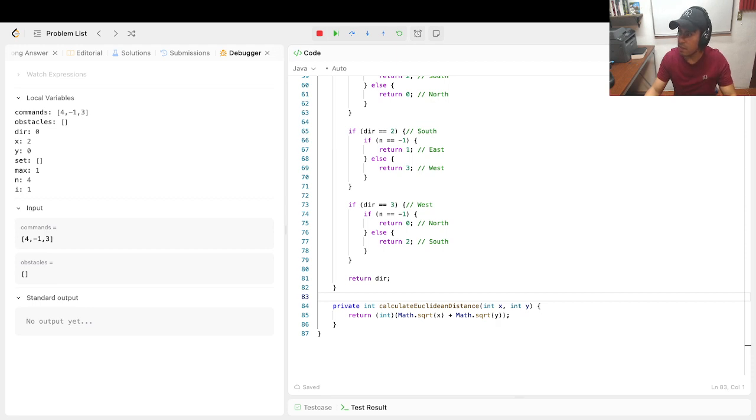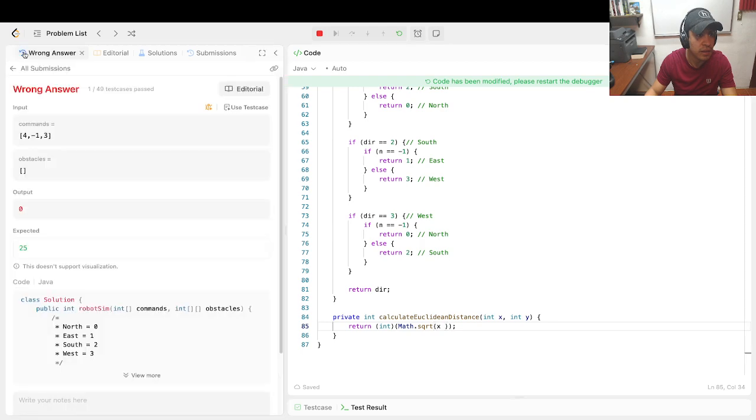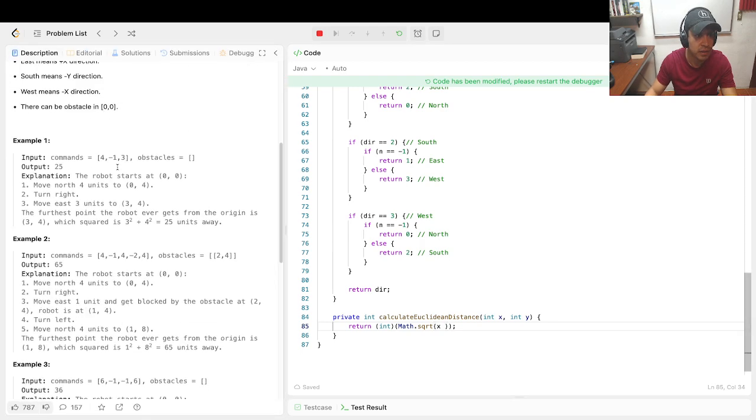I think that it's my calculation. Yeah, I think that it's this calculation. Oh my god.